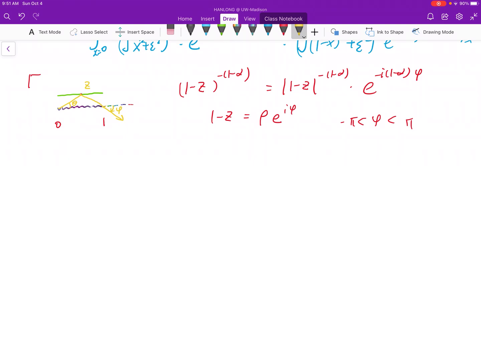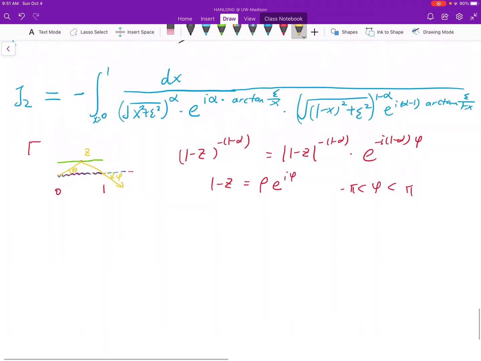So it's a negative thing. And so therefore phi should be negative arctangent epsilon over 1 minus x.